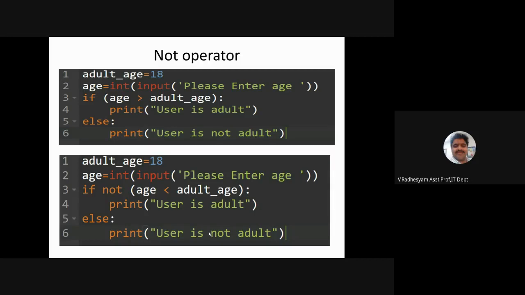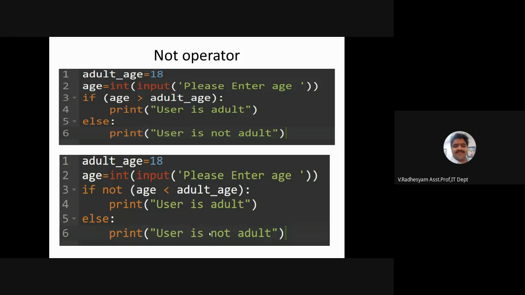Suppose I entered 19. Then age will be 19. Then the condition: 19 is greater than adult age. Then what is the output? User is adult.